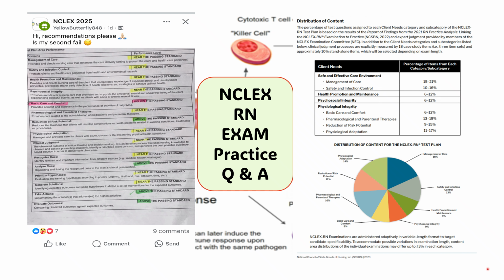And Davis is not like Kaplan, because I also used Kaplan, and Kaplan exactly mimics the NCLEX. So why do I say that? Because nowadays in 25 the NCLEX gives you a point even if you make a mistake.